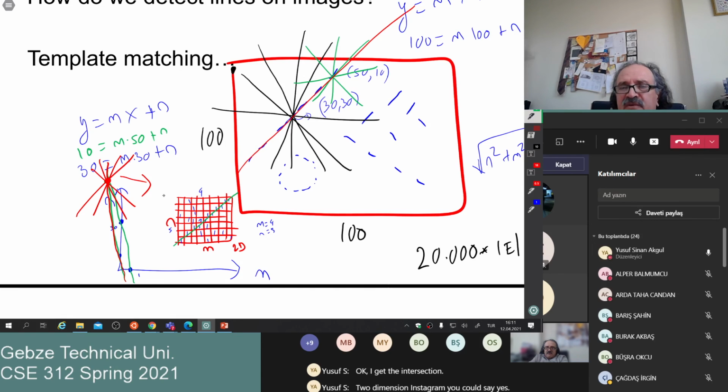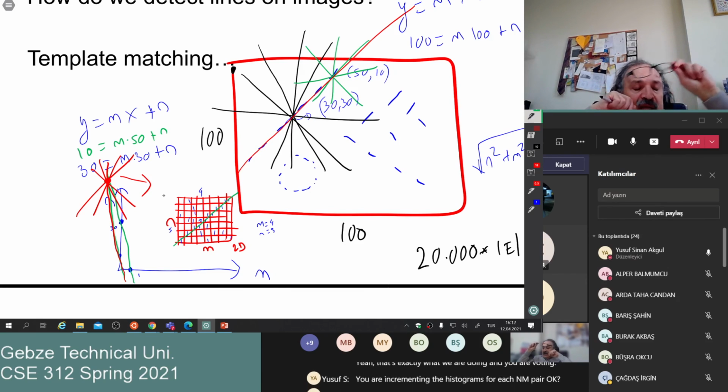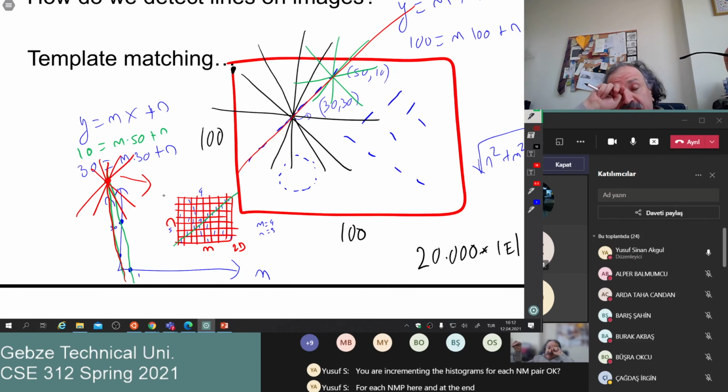Yeah, that's exactly what we are doing. And you are voting, you are incrementing the histogram for each nm pair, okay? And at the end, you pick the nm pair that has the most votes.